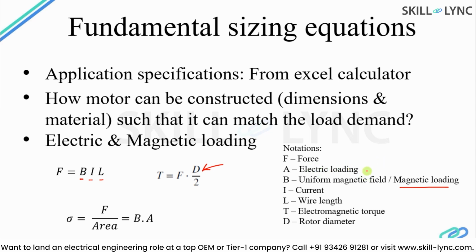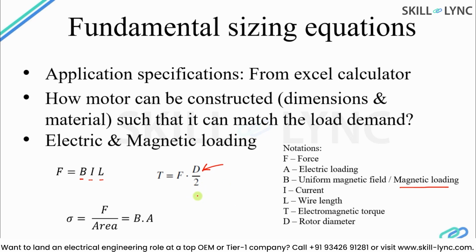We are going to learn about electric loading in the next slide. The force F is in newtons, and if you multiply by the radius in meters, the torque will be in Newton meter. I is the RMS current flowing through the current carrying conductor, L is the wire length, T is the electromagnetic torque, and as I said, D is the rotor diameter.